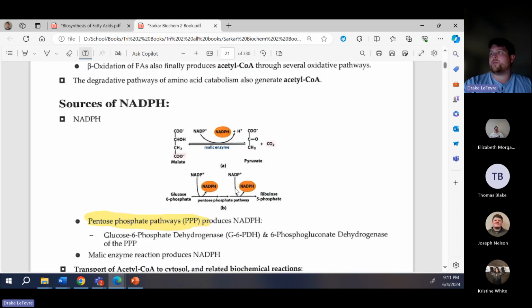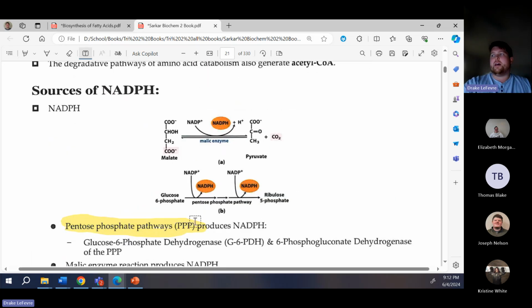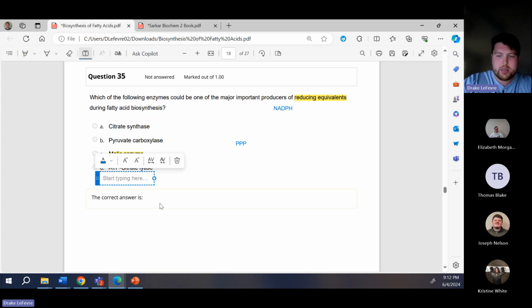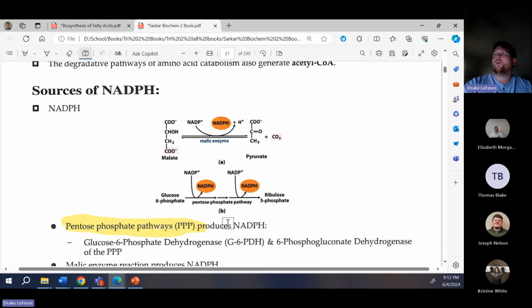Sources of NADPH: the pentose phosphate pathway, which gives us 2, or malate to pyruvate with malic enzyme, which also gives us an NADPH.